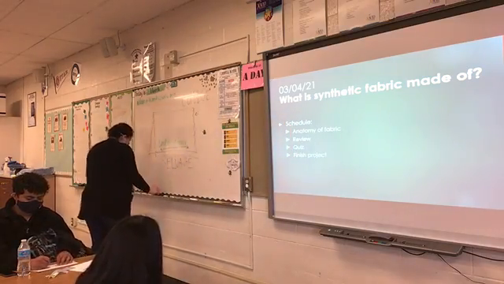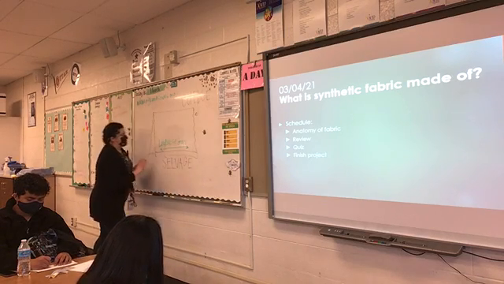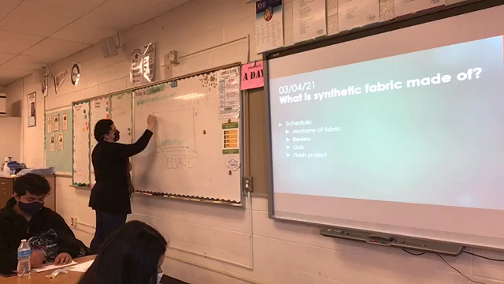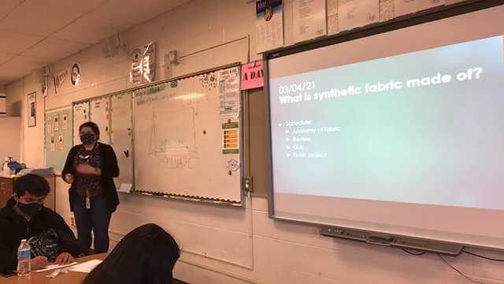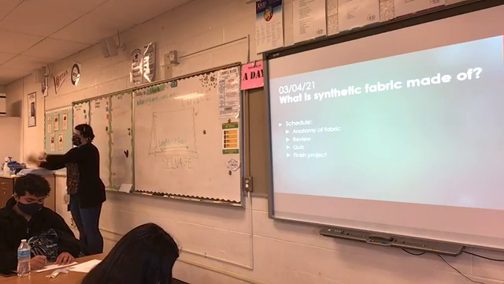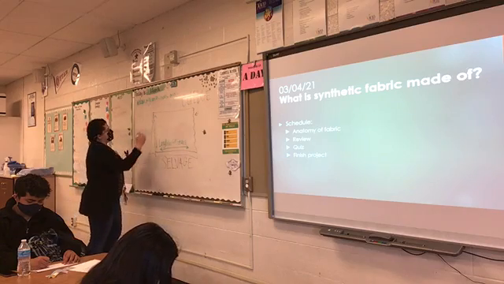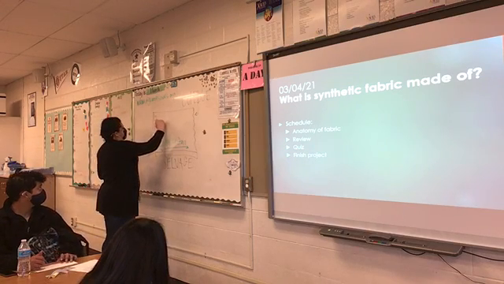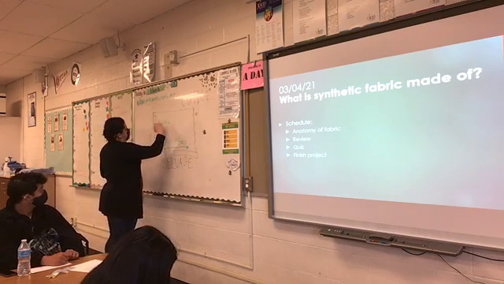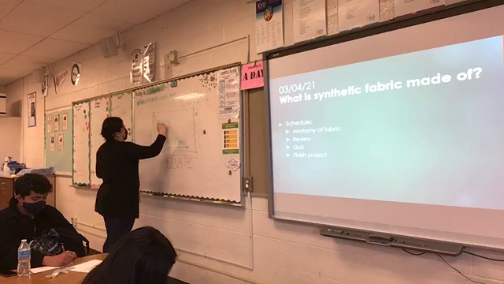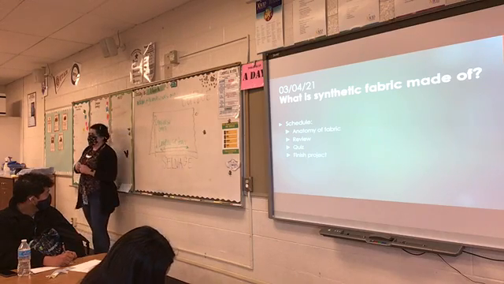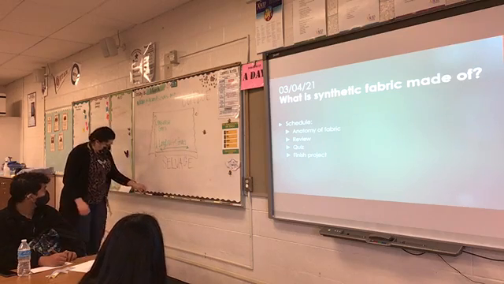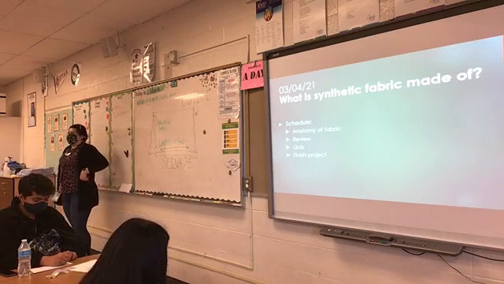Next up, we're going to draw an arrow that runs parallel to the cut edge, or perpendicular to our selvage. This is called the crosswise grain. The crosswise grain is stretchier than the lengthwise grain.